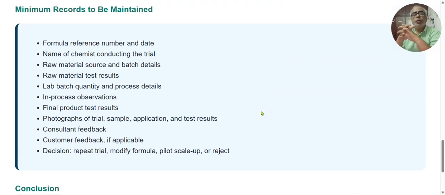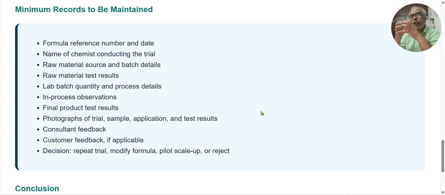Now you need to maintain the minimum records: formula reference number and date, the name of the chemist who is conducting the trial, raw material source and batch details, raw material test results, lab batch quantity and process details, in-process observations, final product test results, photographs of trial samples, application or test results, consultant feedback, and the customer feedback also.